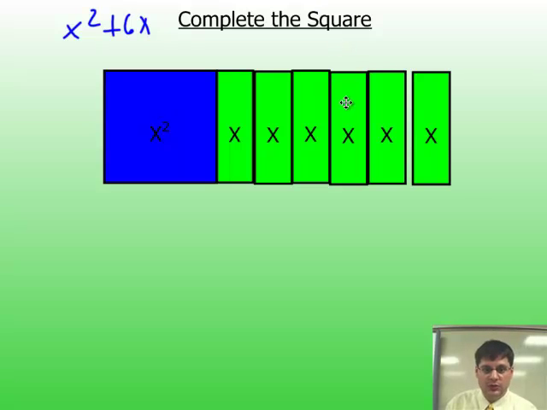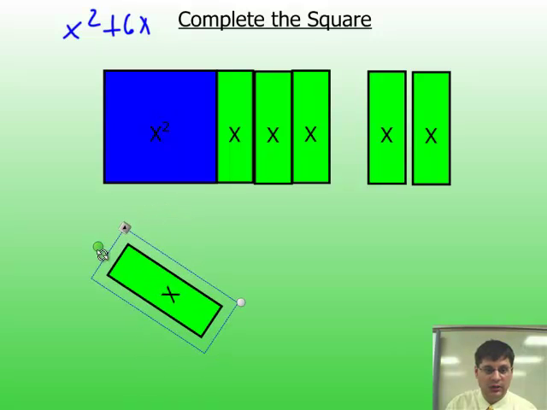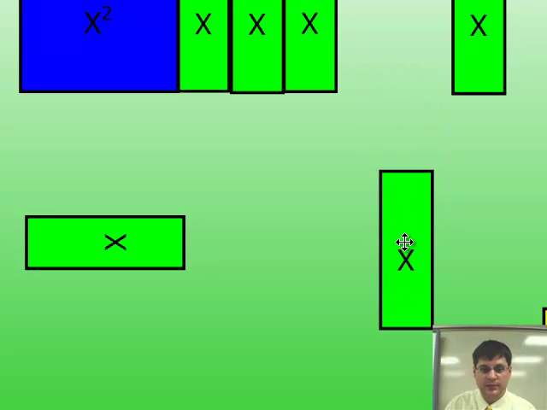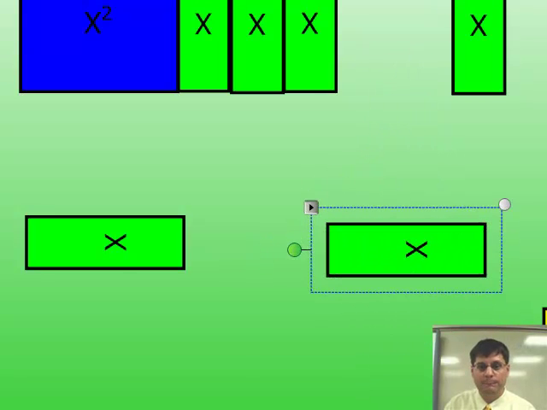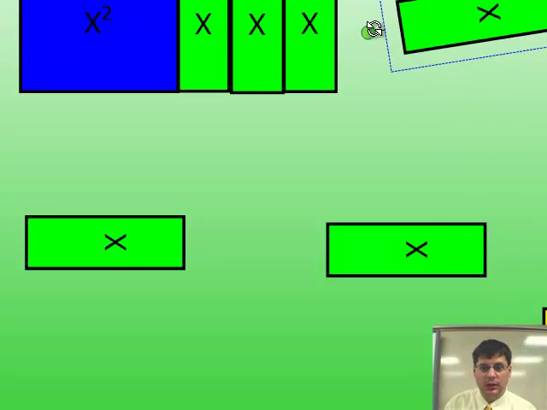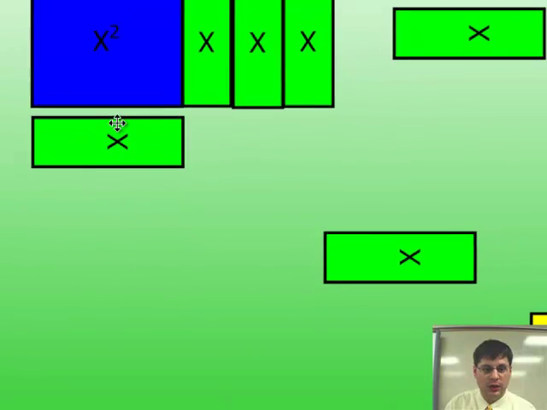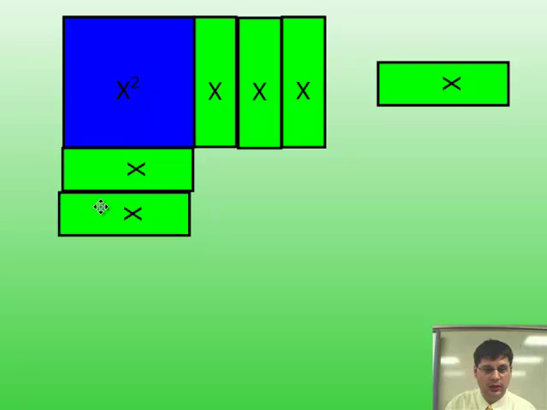The way I would do that is I'm going to take these x tiles and split them in two. I'm going to take these three tiles, put them on their side like so, and line them up underneath the x squared, like this.